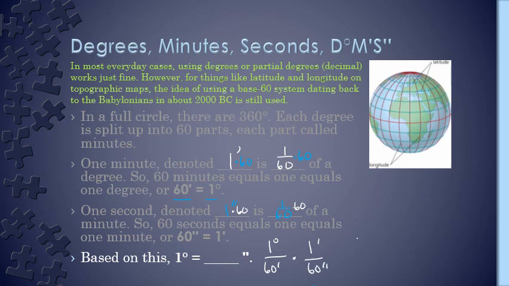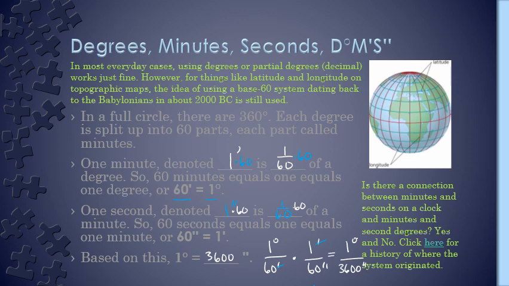If I multiply these two, the minutes in the numerator and the minutes in the denominator cancel out, and I'm left with 1 times 1 degree on top, and on the bottom I'm left with 60 times 60, which is 3,600 seconds. So we find out that 1 degree is equal to 3,600 seconds.